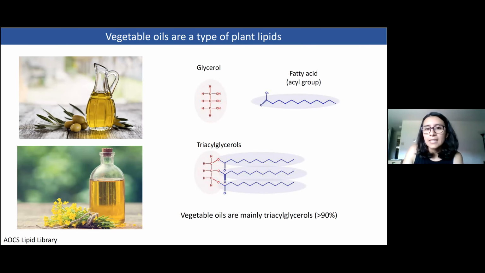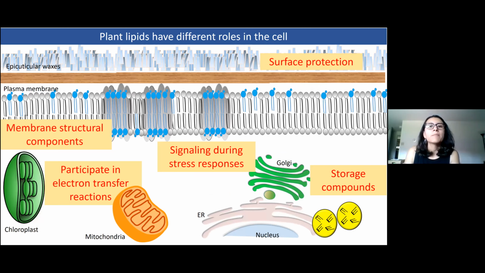However, there are a lot more plant lipids, and they have different roles in a plant cell. For example, I'm pretty sure you have all seen leaves with a white cuticle, and that is epicuticular waxes. Some of those have different roles for the plants, such as surface protection, for example against pathogens.